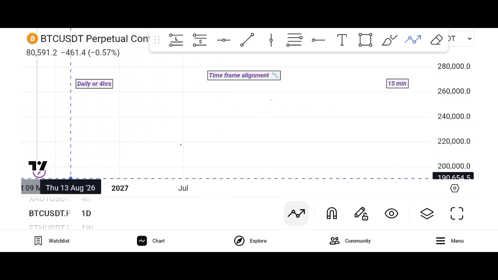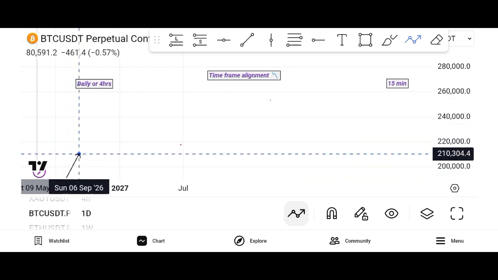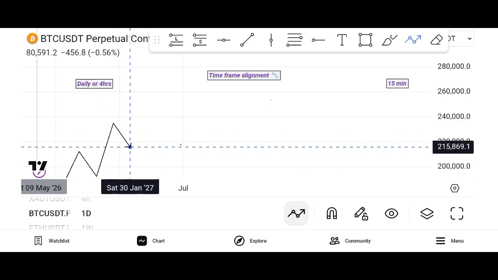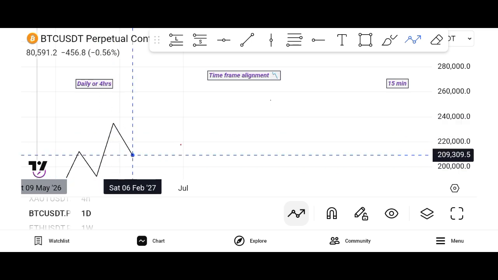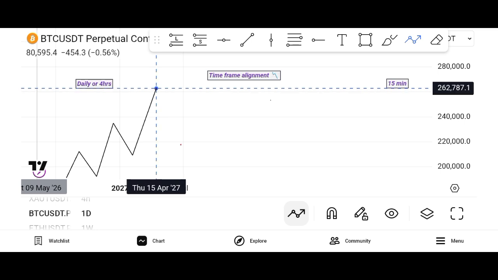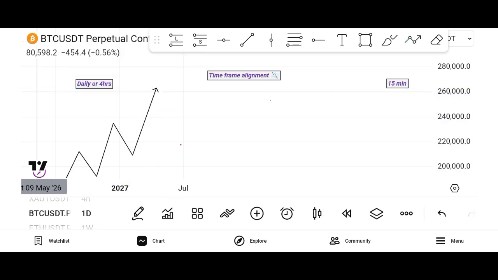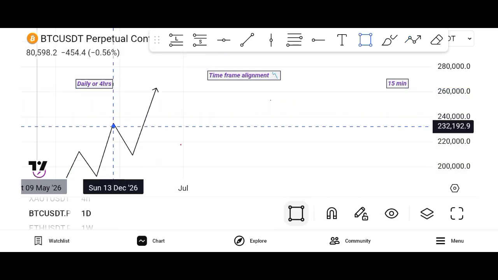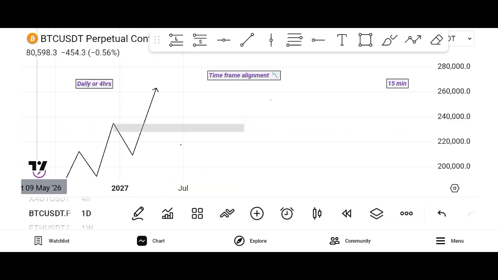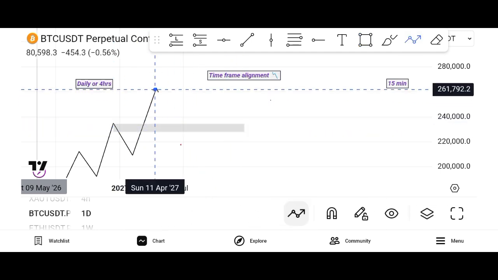Now you can actually trade the expansion and you can actually trade the retracement. So let's say we have this on the daily time frame where the market gives us a series of highs, lows, highs, lows. Now we understand that it's on an uptrend, and we now have another expansion. After we had an expansion here, we have a point of interest at this zone here. We can actually trade from this point.